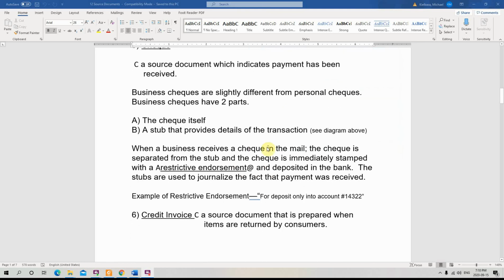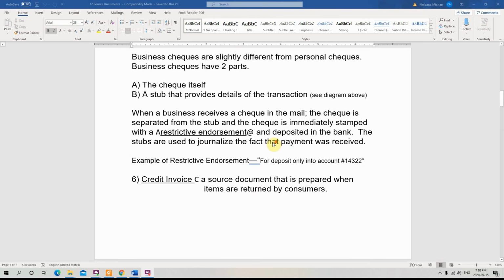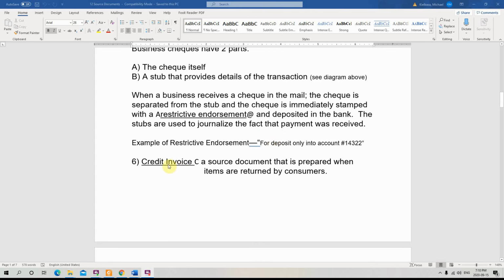All right. Now, there's also something called a credit invoice, and I don't think you'll see any actually. Basically, it's prepared when items are returned by customers, so we'll give them a credit invoice.